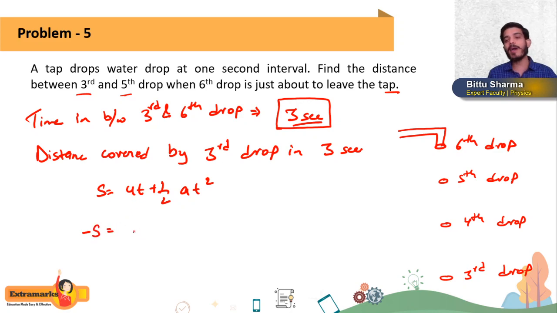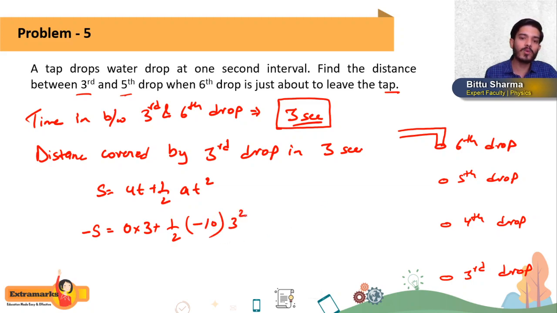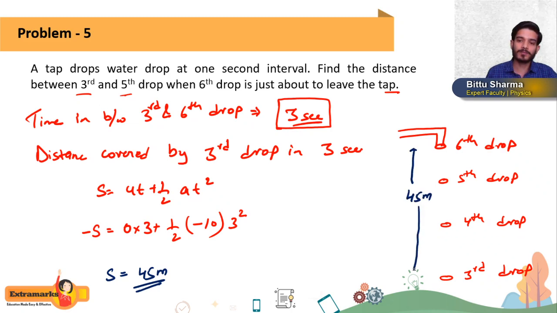Students, the drop is just leaving the tap, getting or not? So initial speed will be 0, into 3, plus 1/2. Acceleration is how much, students? Minus 9.8, so let us say approximately 10, into 3², because time is 3. So minus and minus will get cancelled, and the value of s you will get is 9 fives are 45 meters. This entire distance will be 45 meters.